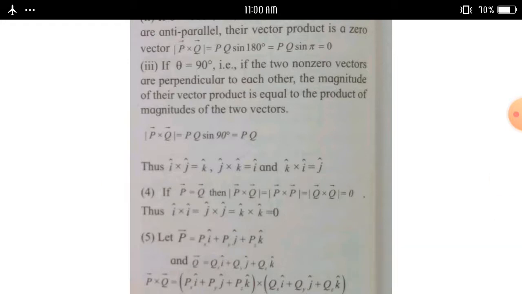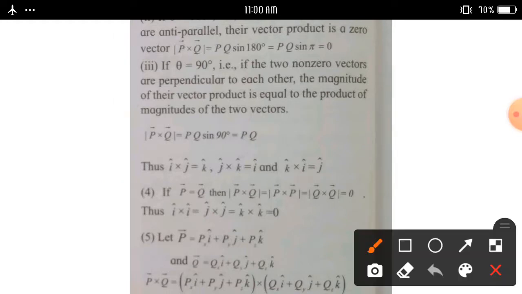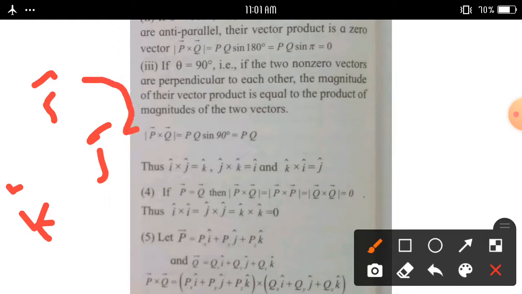See this diagram. When we multiply i cap, j cap, and the next vector is k cap, consider this sequence. When we multiply in this way, we take the next vector as the resultant.